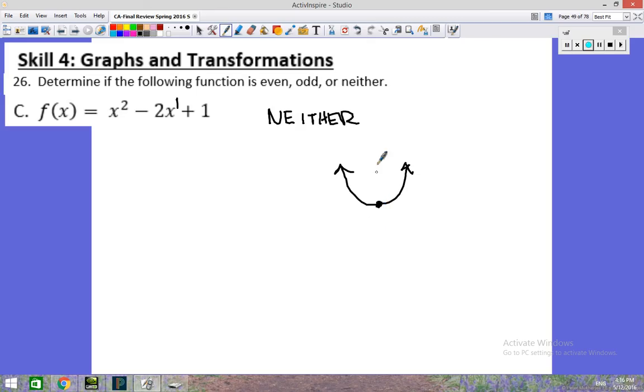It's not on the y-axis. This quadratic function is never going to be an odd function, and it's only an even function when the vertex is on the y-axis, when the vertex is 0, comma b, 0, comma something.